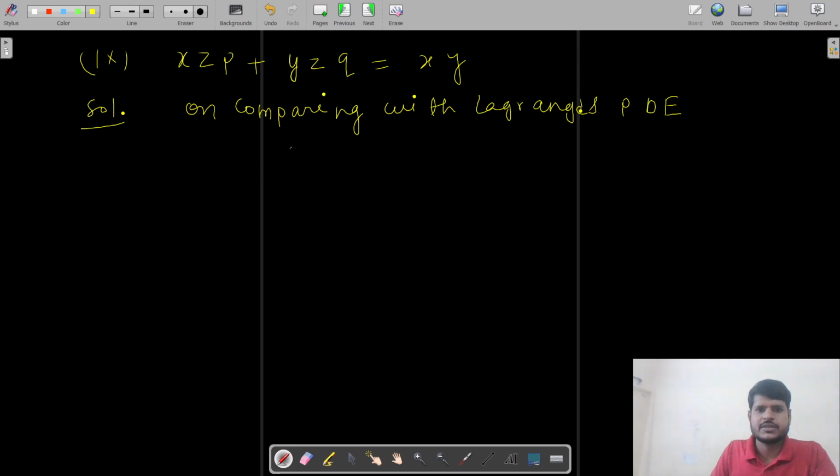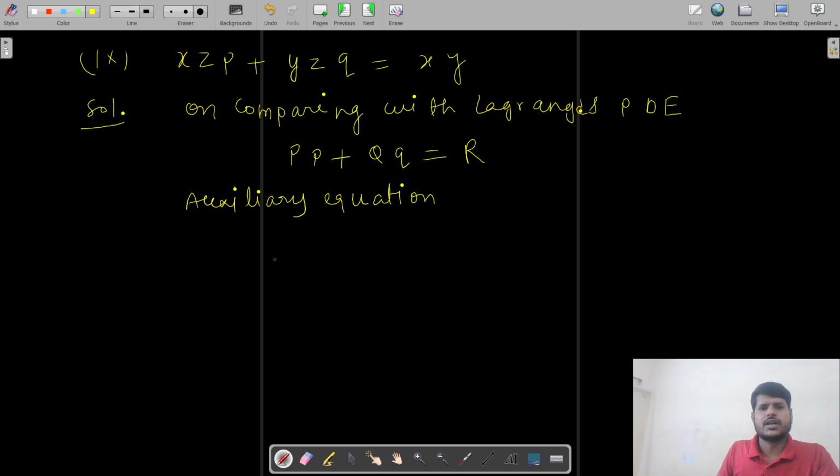This is capital P small p plus capital Q small q is equal to R. The auxiliary equation for this PDE is dx upon capital P is equal to dy upon capital Q is equal to dz upon capital R, right?